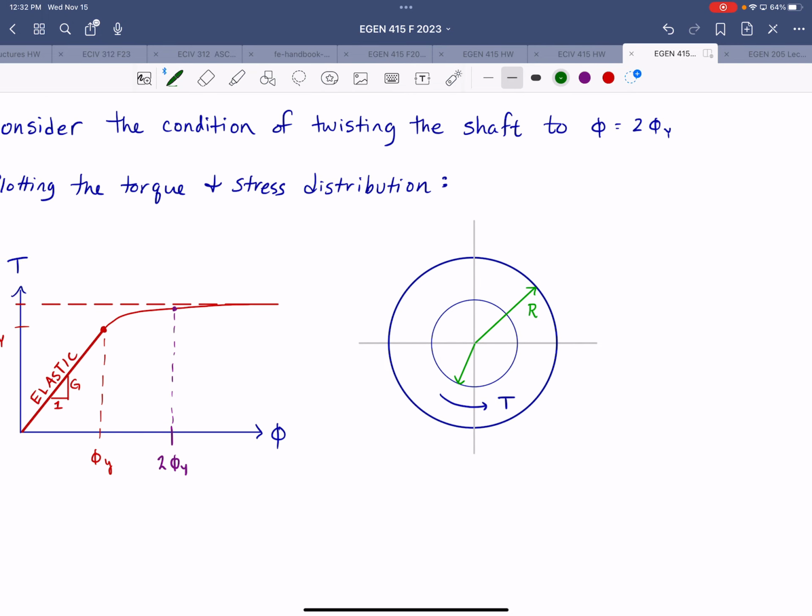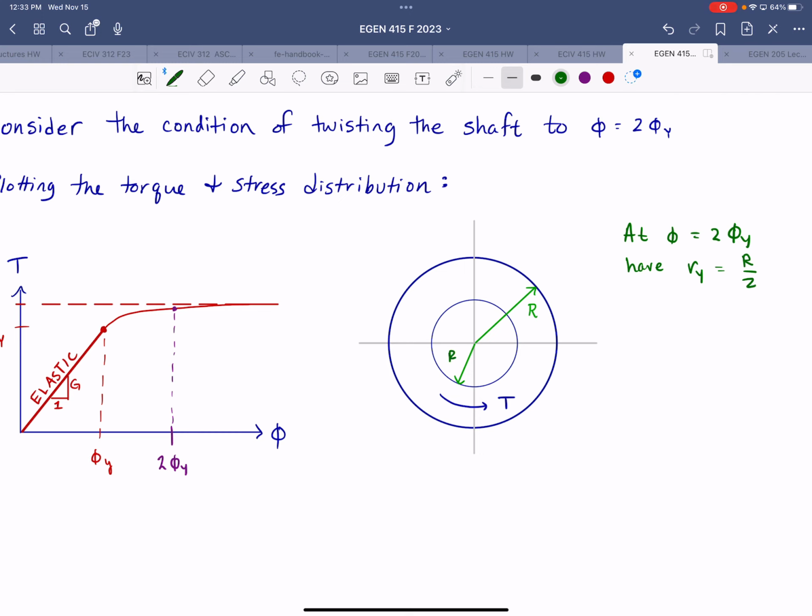So at that angle, we would have our yield front radius equal to r over 2.